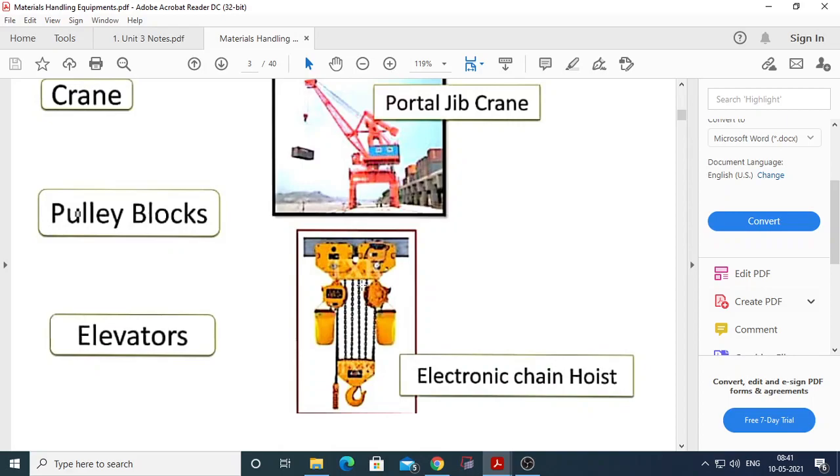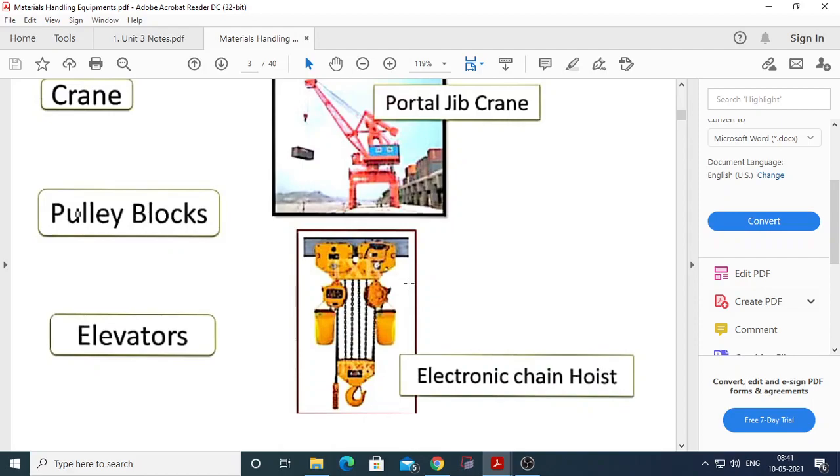These are mainly used for unit loads. What are unit loads? There are two types of load, unit load and bulk load. Unit load is a rigid single mass. For example, different types of machines, boxes, containers. This comes under the unit load.